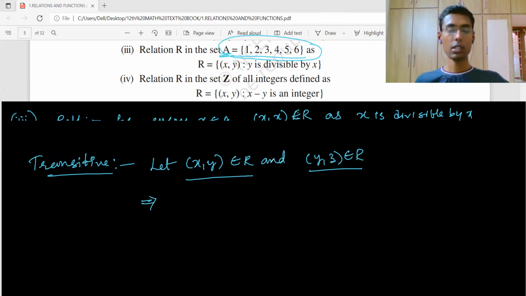Anyway, let x comma y belongs to R and y comma z belongs to R. Here, what does it mean x comma y belongs to R? y is divisible by x.